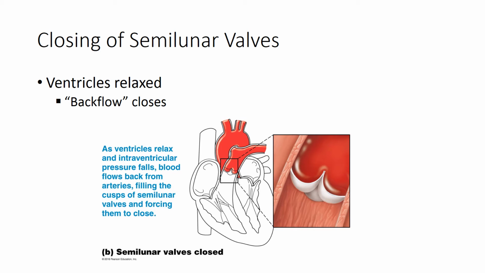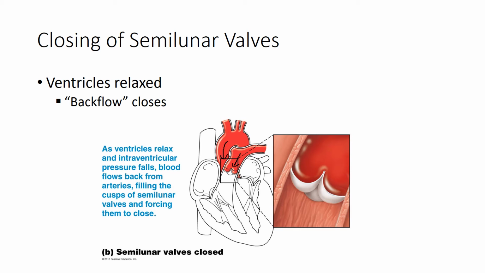The closing of the semilunar valves occurs when the ventricles are relaxed. And so when the ventricles relax, the pressure within those chambers falls. Okay, so now we have a pressure gradient that's going to favor the backflow of blood in this direction.